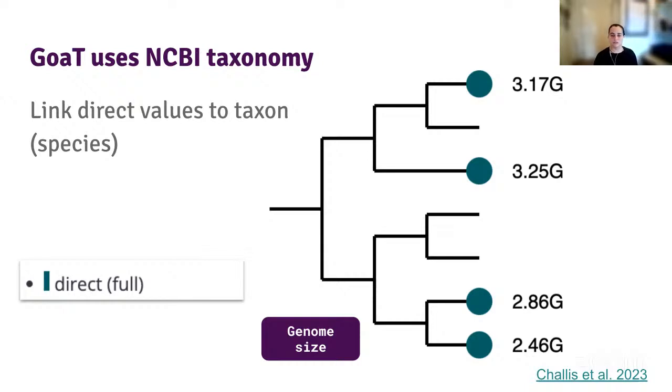Imagine that for genome size, we don't have the entire tree with direct observations. The genome size of, I don't know, Cnidaria is not there. We have some species that do have the observation, and we map it to the species.